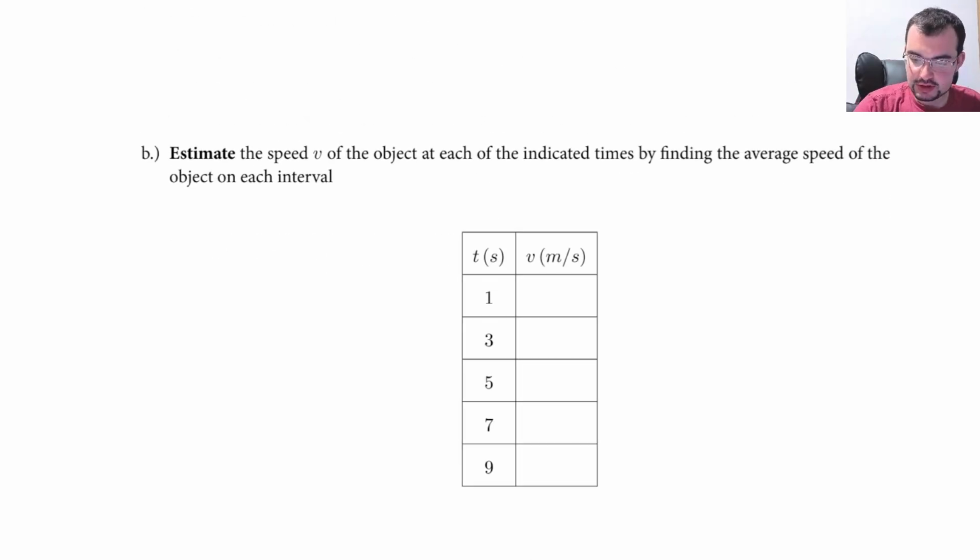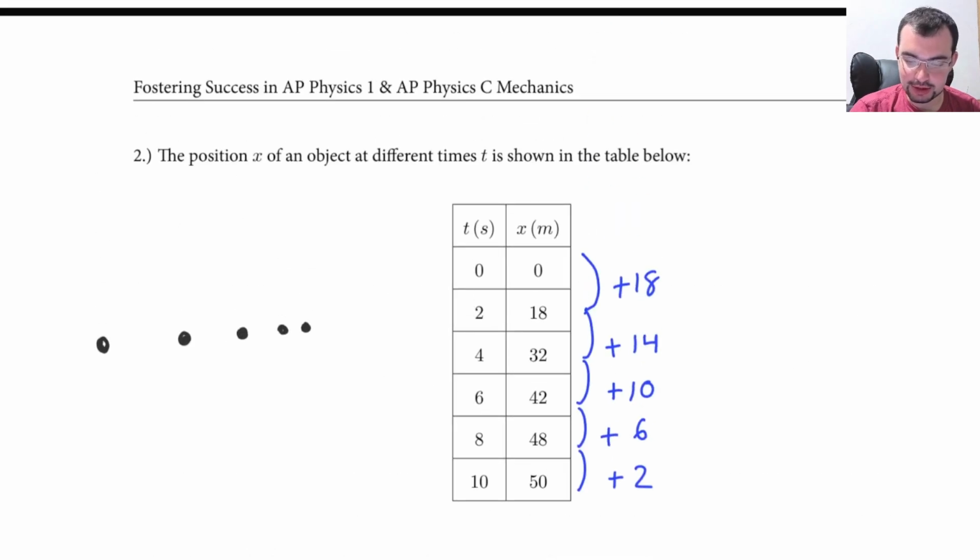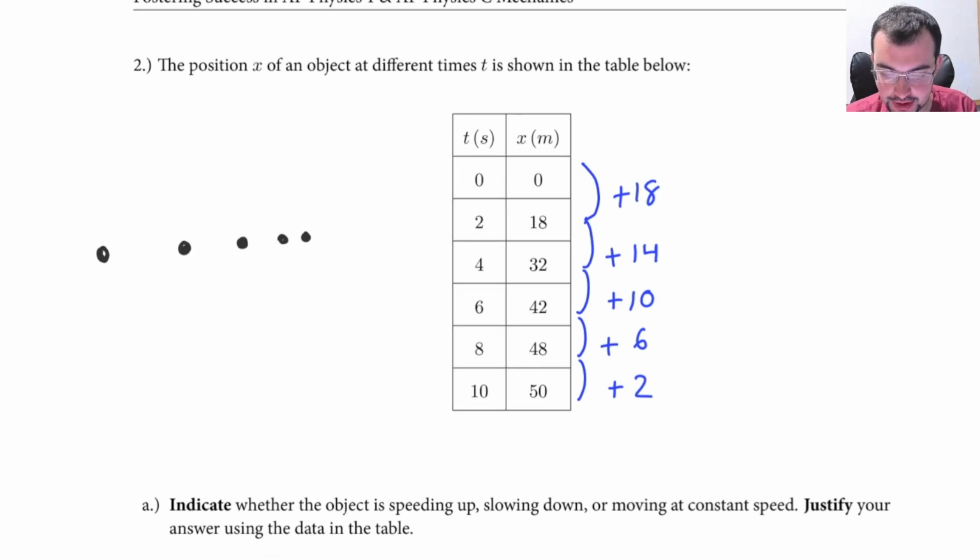Let's estimate the speed by doing that average technique, where if you take the speed on an interval that's close, you can estimate the speed in the middle. We already have these nice gaps for us. So notice that t equals 1 is smack dab in the middle of this one, t equals 3 is smack dab in the middle of this one, and this one, and this one, and this one.